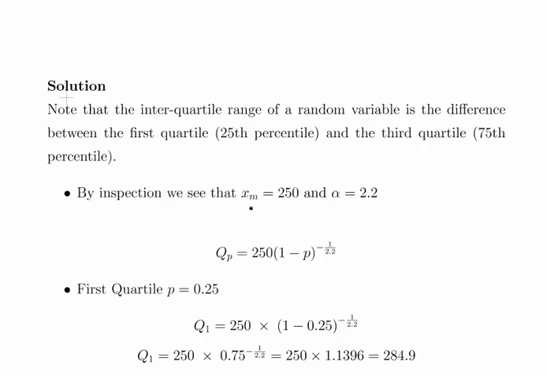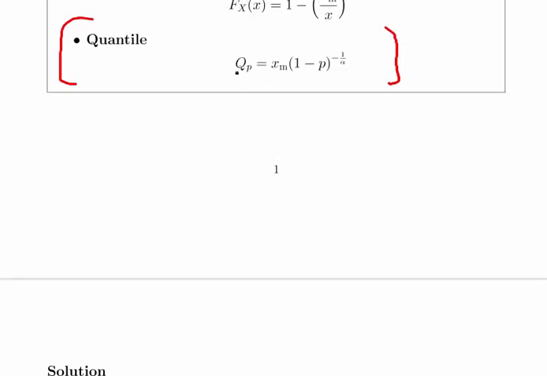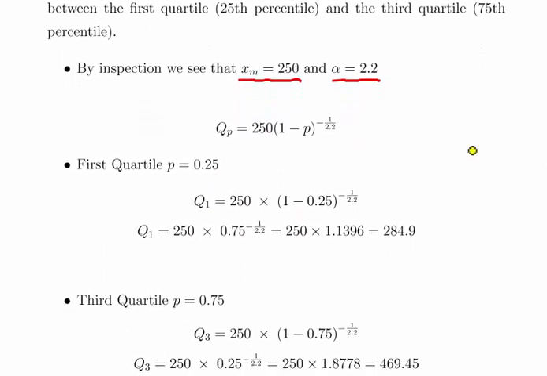By inspection we see that xm is equal to 250 and alpha is equal to 2.2. So when we write out the quantile function again, it is xm times 1 minus p to the power of minus 1 over alpha. So x of p equals 250 times 1 minus p to the power of minus 1 over 2.2.